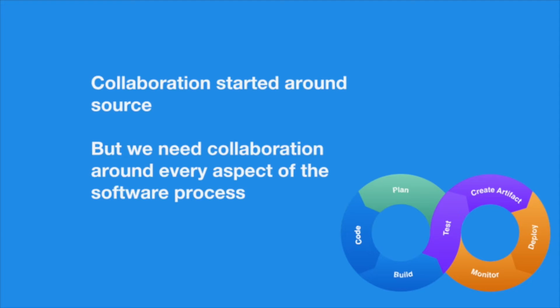Package management became important because people wanted to share big collections of libraries and dependencies. And then Docker became really successful because people wanted to share whole applications, or components of applications, in a more effective way. So we could really see that sharing and collaboration is at the full spectrum of every kind of artifact and every piece of the process with software.